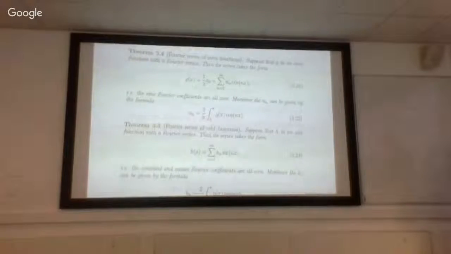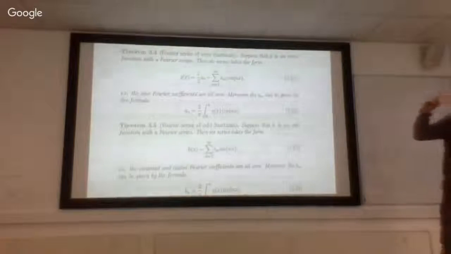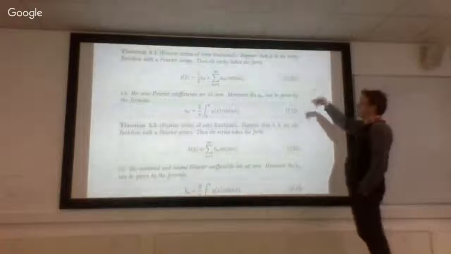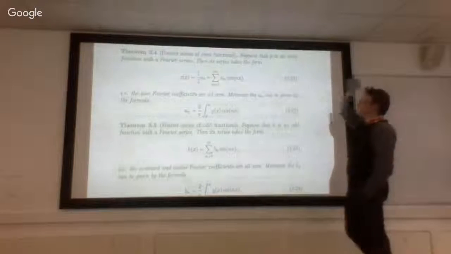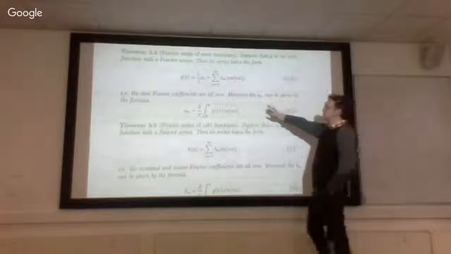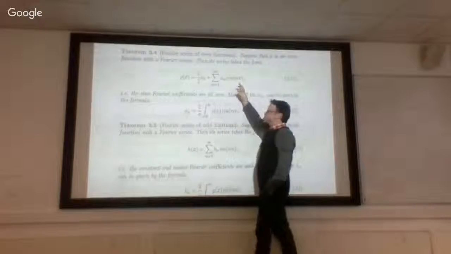The consequences for Fourier series are contained in these two theorems, theorems 3.4 and 3.5. They didn't need separate proofs themselves. They were more or less proved by all the previous proofs, just combining all those properties. We're going to work through an example now. There's a theorem for even functions and a theorem for odd functions. If the function g you're looking at is an even function, the Fourier series is always of this form.